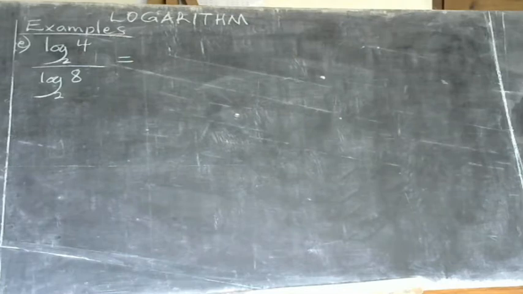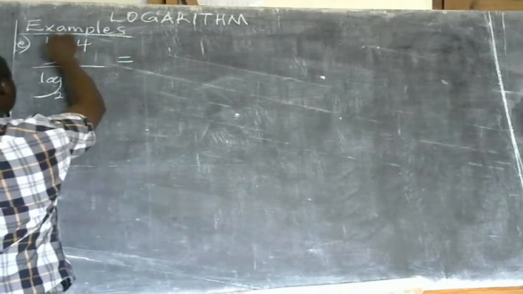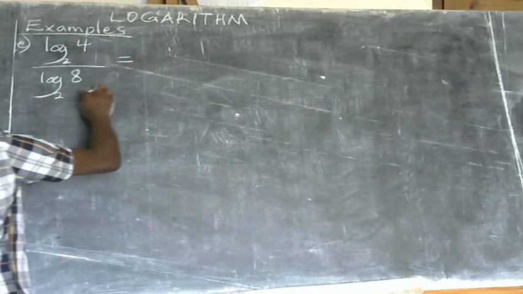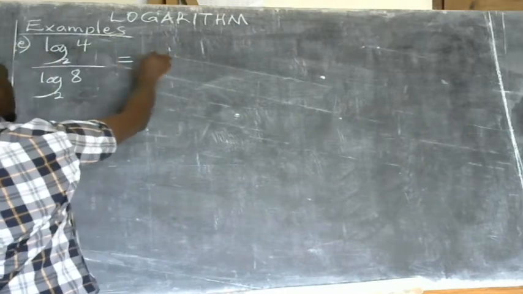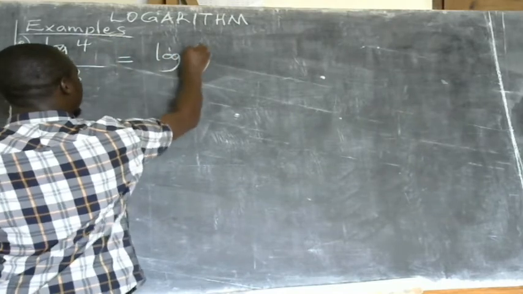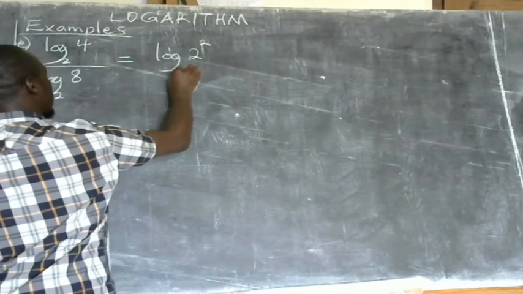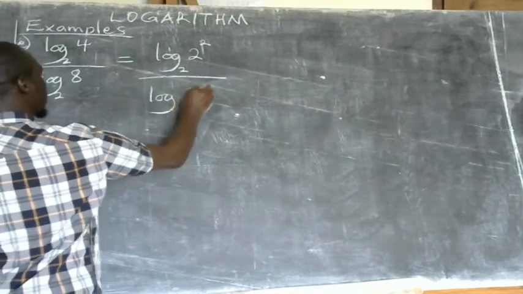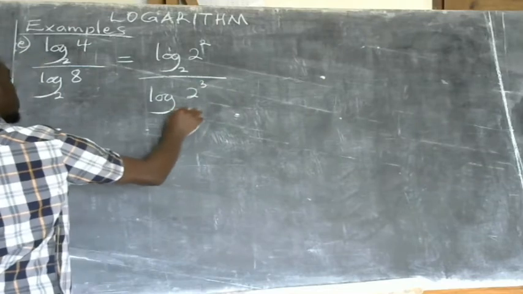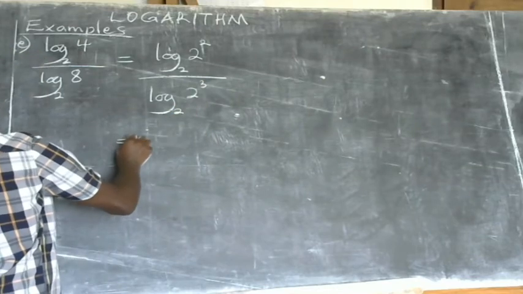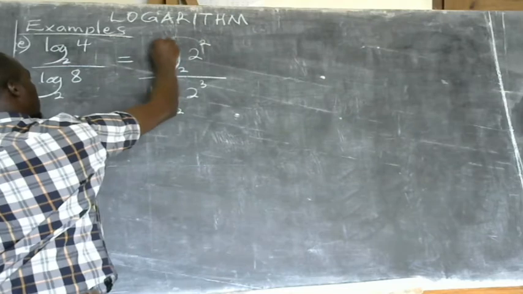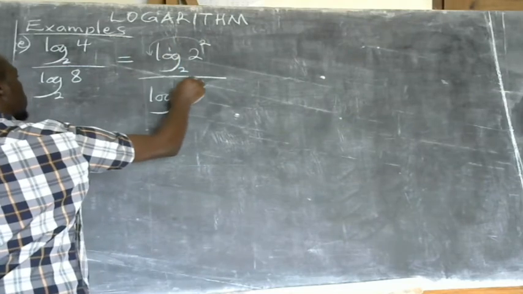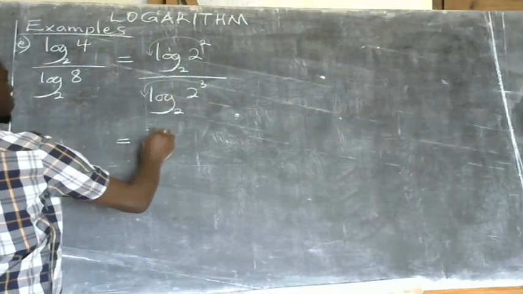Our part E there is a numerator and a denominator. So the numerator prime decomposing is 2 squared base 2 divided by the denominator, that is 2 power 3 base 2. Then in the numerator, the power is going to somersault. Also in the denominator, the power is going to somersault up there.